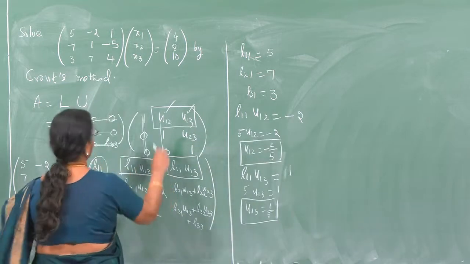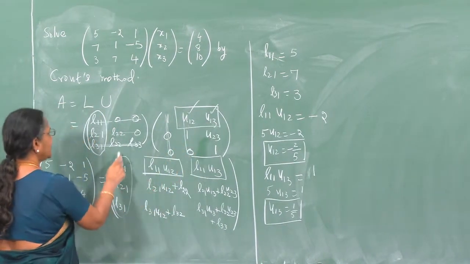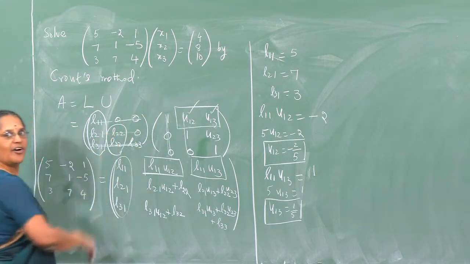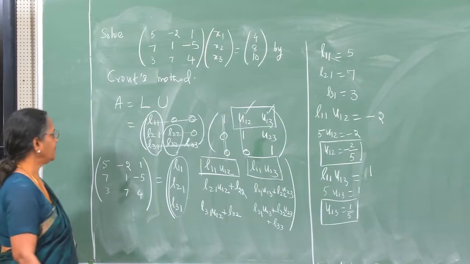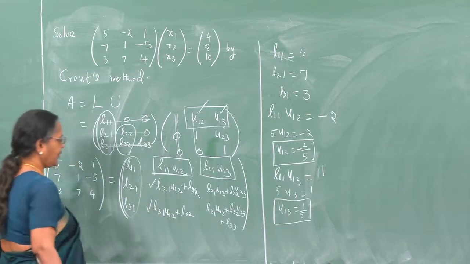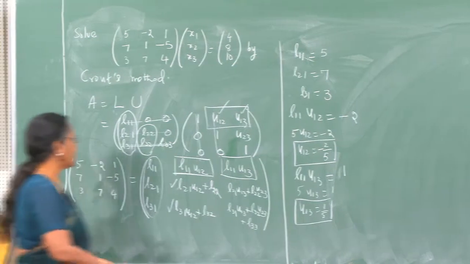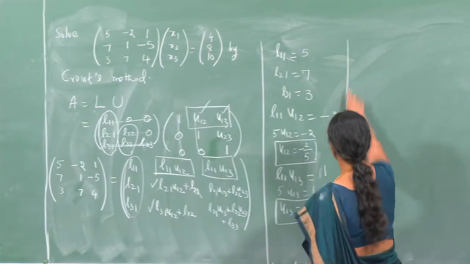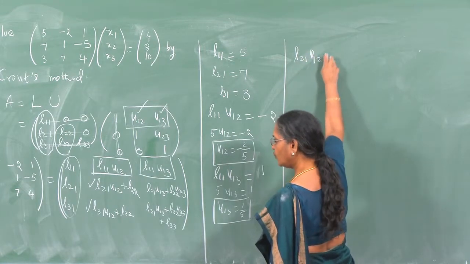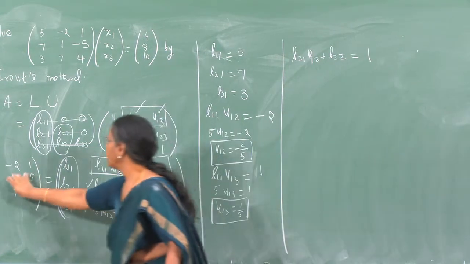Having determined the unknowns in the first row of the upper triangular matrix, we should move to the unknowns in the second column of the lower triangular matrix. And therefore, I make use of these two and equate the corresponding values here. So, that will give me L21 U12 plus L22 to be equal to 1.